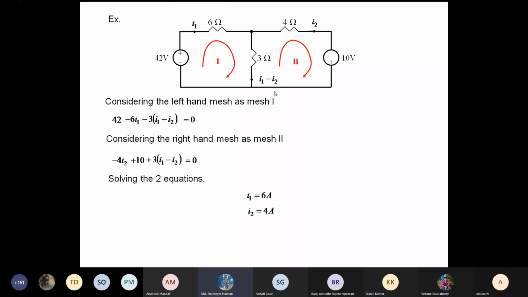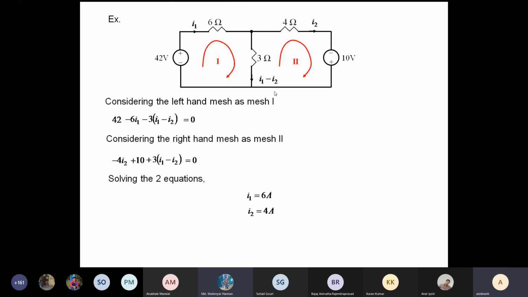Can we say that the bigger window is a mesh? The bigger window is also another mesh.